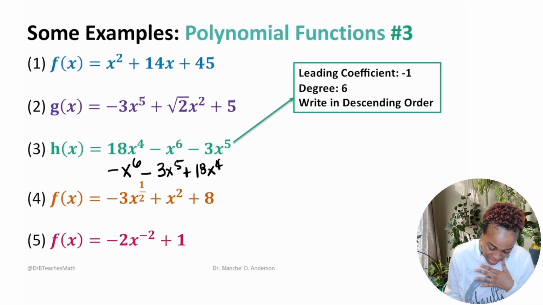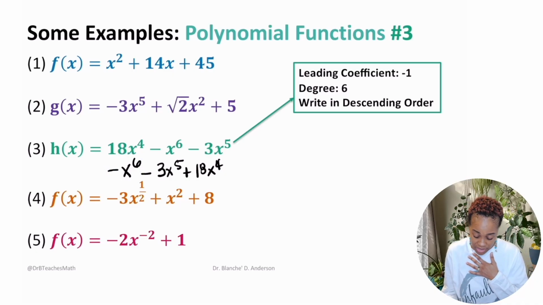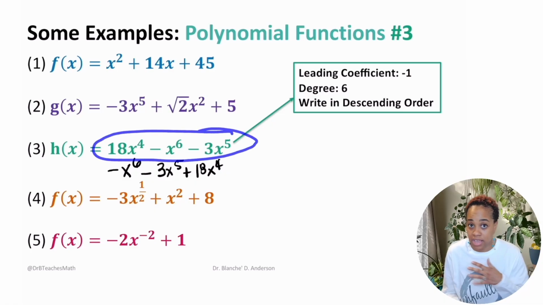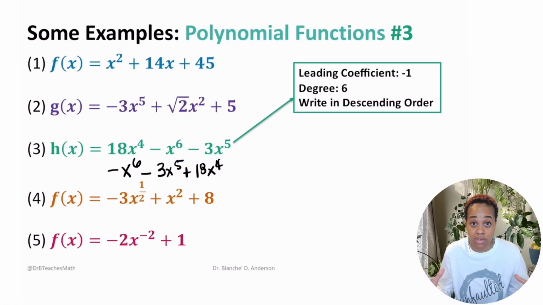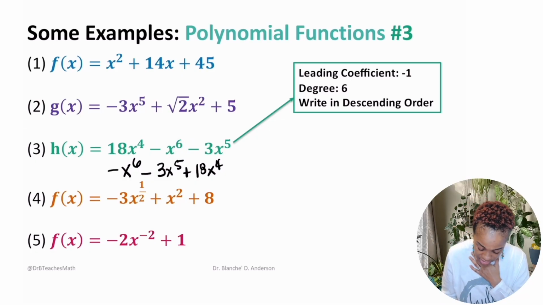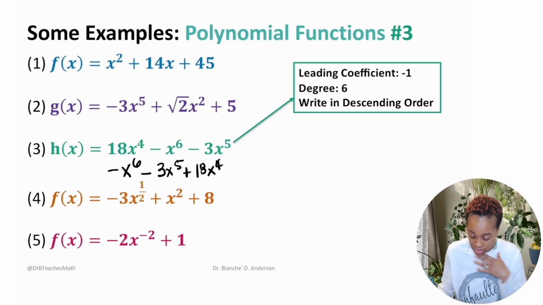Now when you look at it, this is the largest power, x to the 6. So that's why it has a degree of 6. So anytime they write it in different ways, which you'll see these terms written in different ways, pay attention to what the largest term is, okay? That has the largest variable, the largest exponent on the variable, which is x to the 6. And then write in descending power order.